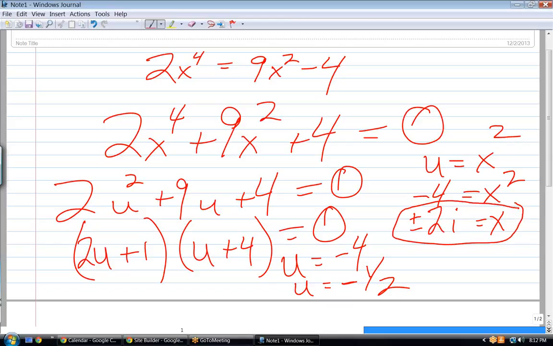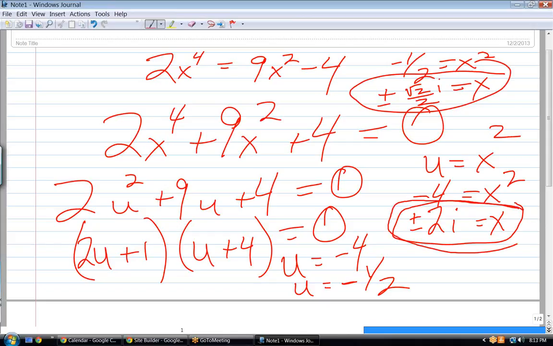And if u is equal to minus 1/2, then the other solution is plus or minus the square root of minus 1/2, which is square root of 2 over 2i. That's 1 over square root of 2, which is square root of 2 over 2i. So there's two solutions. None of them were rational. They were all complex. So that's why our rational root theorem didn't find any.